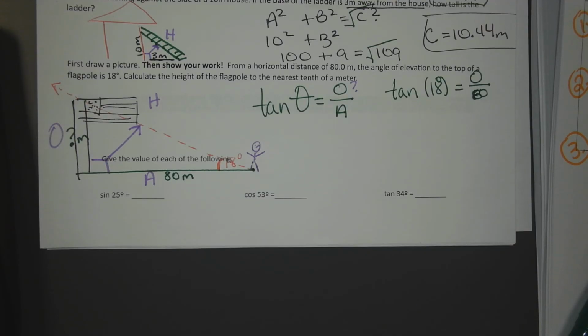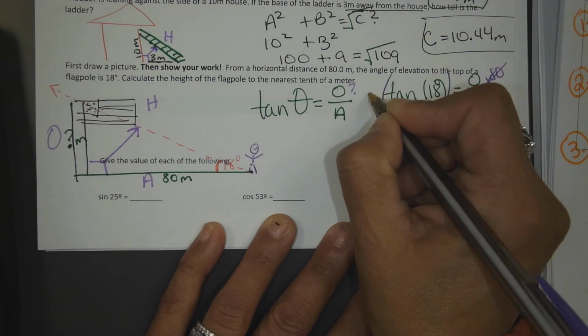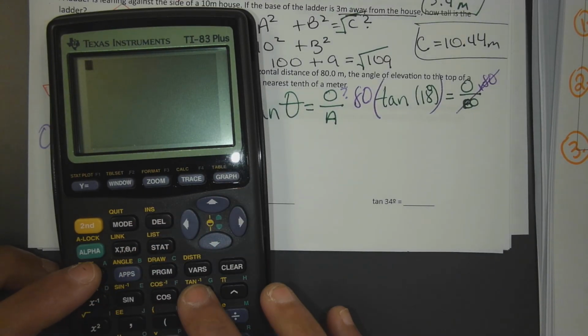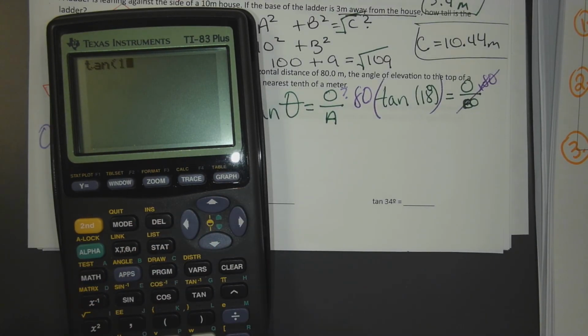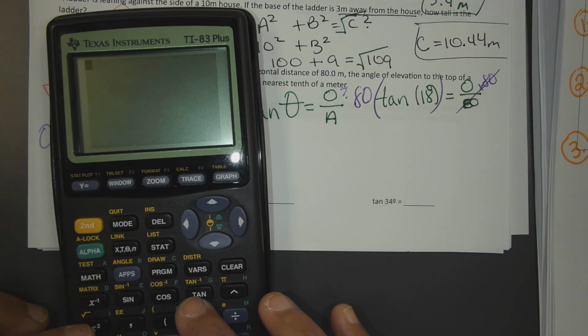And this is the next step of our process of getting through SOHCAHTOA. Multiply this side by 80, cancel. Multiply this side by 80. I'm going to first come over here and say the tan of 18 degrees, oops. You put 80 in tangent. Oh, can you?